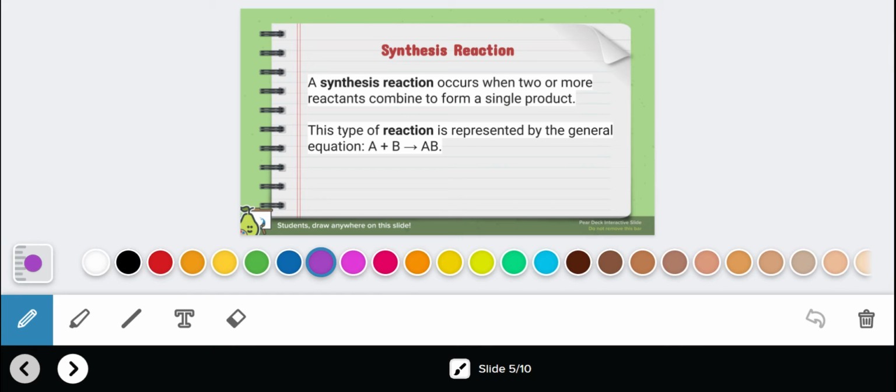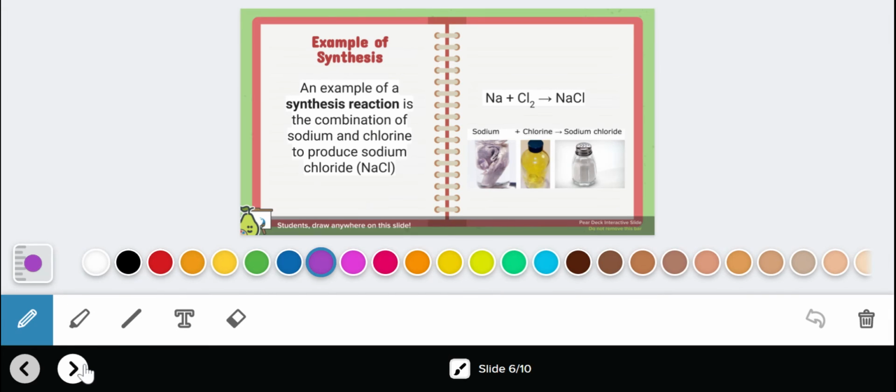All right, so remember we talked before that a synthesis reaction occurs when 2 or more reactants combine to form a single product. The basic reaction type or expression is A plus B makes AB. Now, of course, the thing to remember, when we make the compounds, we still have to use charges to write the formulas correctly.